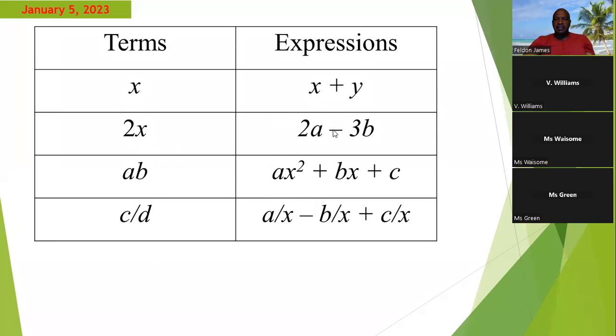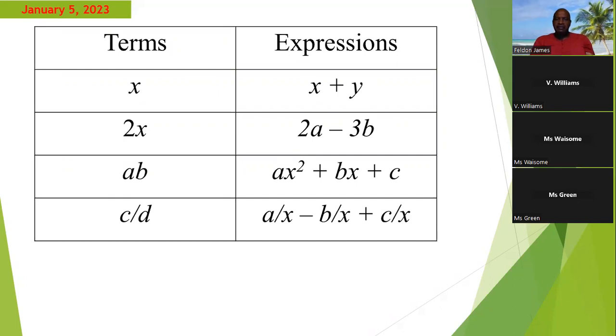Whereas in expression, what you notice is that you will see plus and minus between terms, right? So for expressions, you may have terms being added or subtracted.